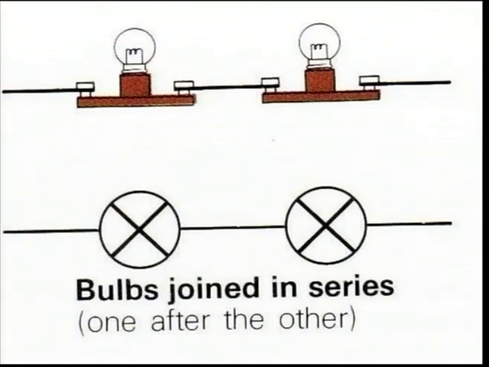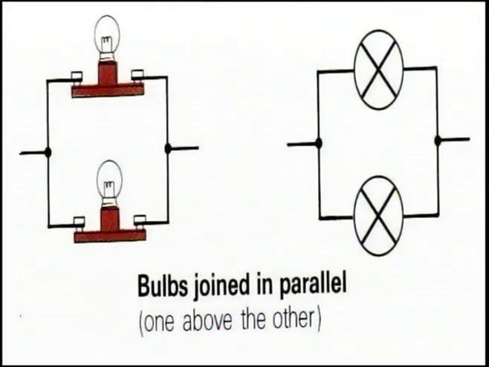The bulbs must be connected one after another. In parallel circuits, bulbs join in parallel, one above the other. Look at the diagram. So by now, you should have some idea of what a series circuit is and what a parallel circuit is. In the lesson, you will be able to differentiate how they work.